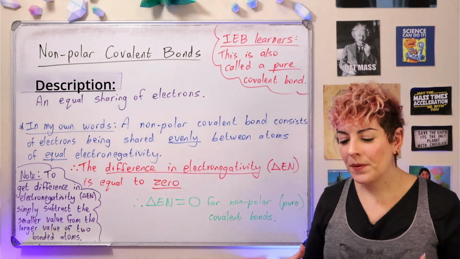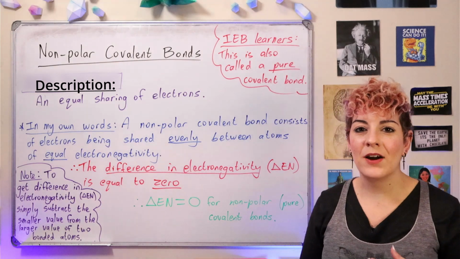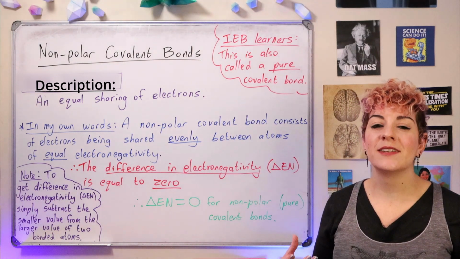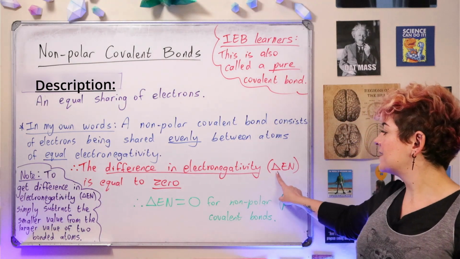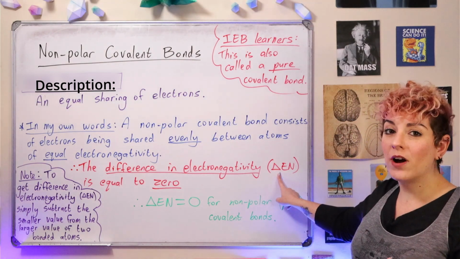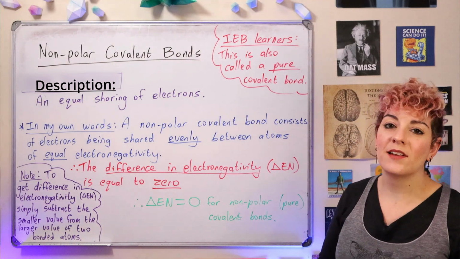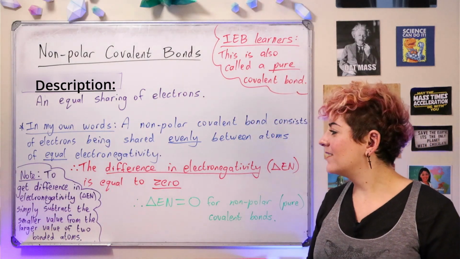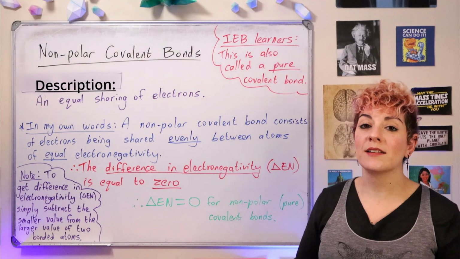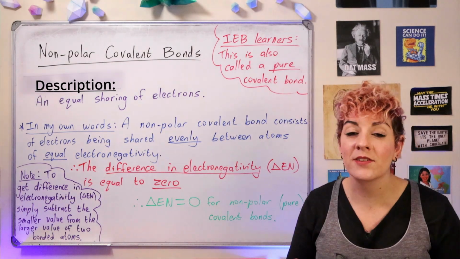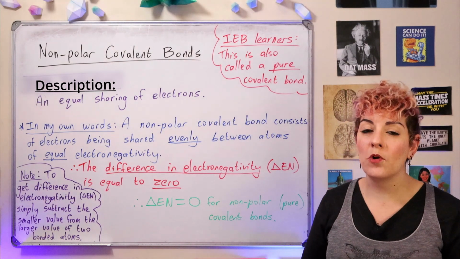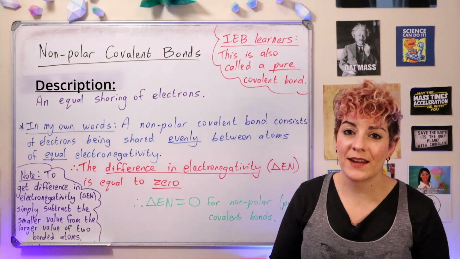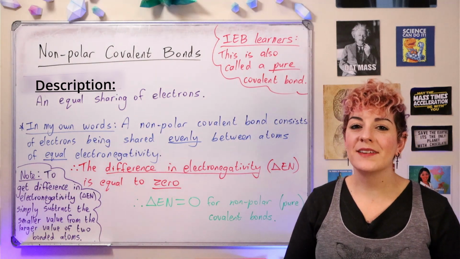To help us figure out if bonds are polar or non-polar covalent, we use something called electronegativity difference, which is usually symbolized as delta or triangle EN, difference in electronegativity. I've written here in purple in the corner, note, to get the difference in electronegativity or delta EN for a certain bond, all you have to do is subtract the smaller value of electronegativity from the larger value of electronegativity for two bonded atoms.